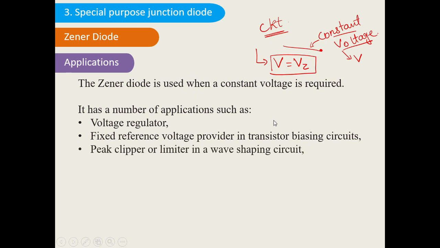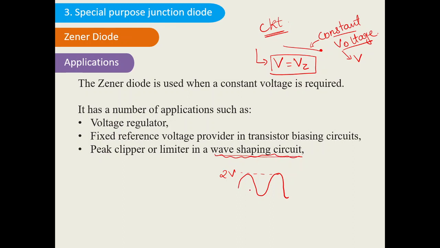The next is peak clipper or limiter in the wave shaping circuit. For example, this is a wave of 2 volts, but I require a wave of 20 volts. So I will be using a wave shaping circuit.